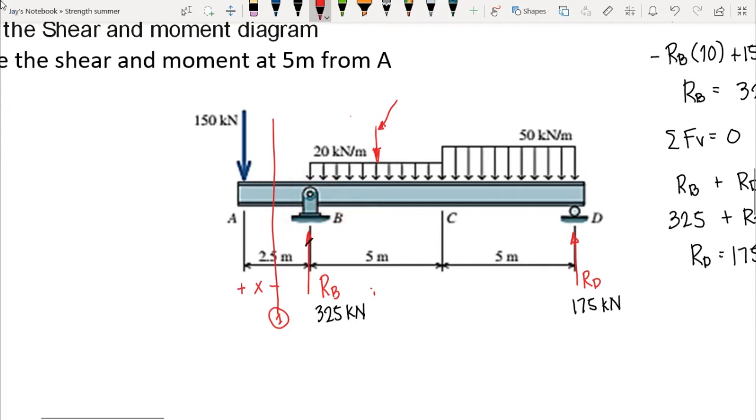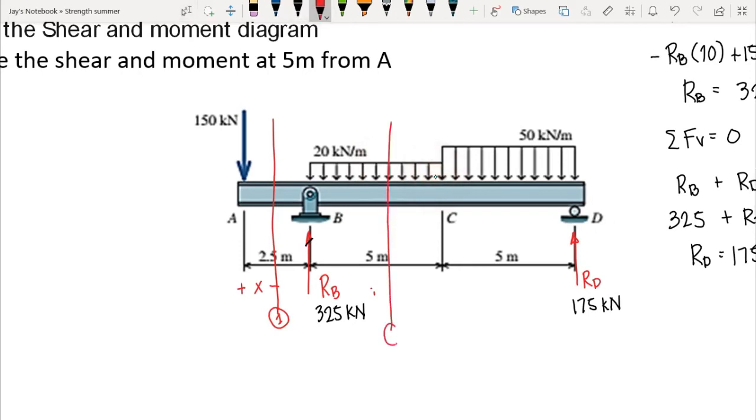So in that case, we need to cut this point and cut this point since they have different shear and moment equation. But again, we do not have a concentrated load at this interval B to C, then we could set them as our second cut section.